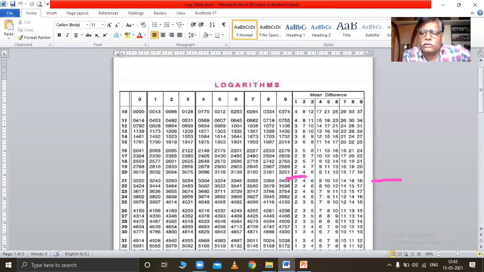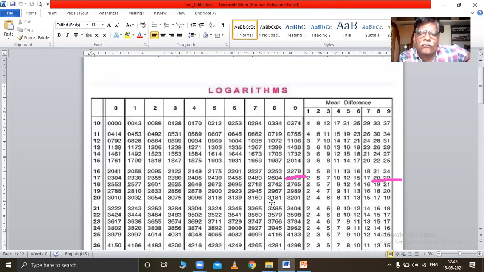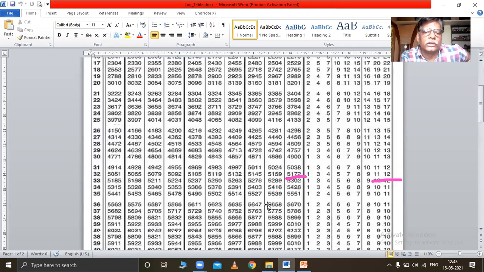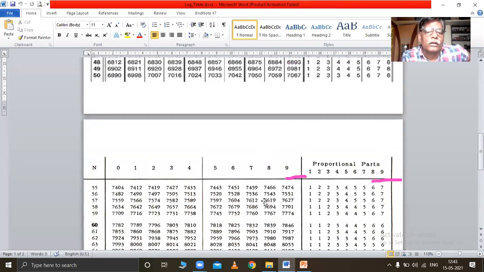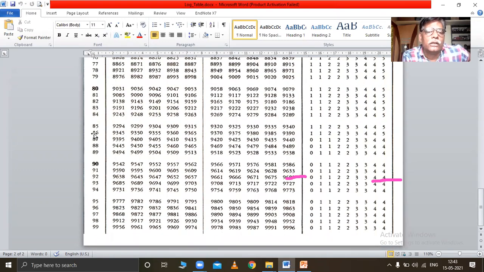Is it visible? Is the log table visible on your screen or not? Yes. How to see the logarithm table? 86 is here. You see the 86 line. In the 86 line, 0 is first: 9345. Mean difference is 0. There is no 0 column in the mean difference. Therefore, 9345.